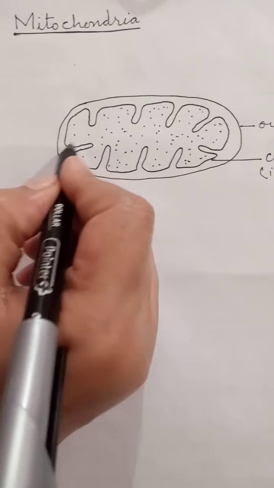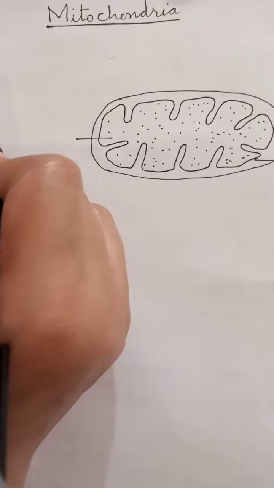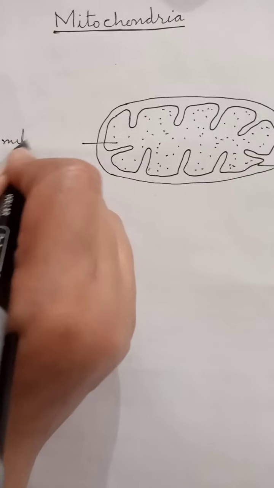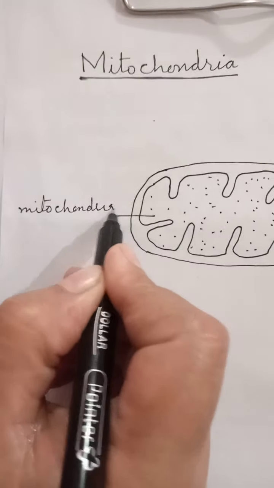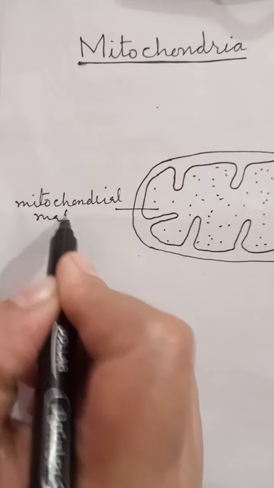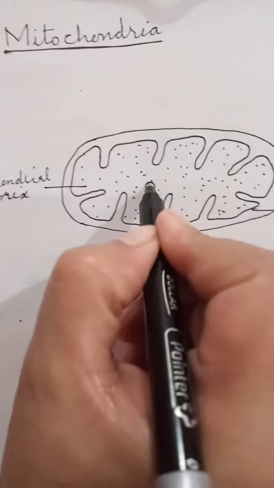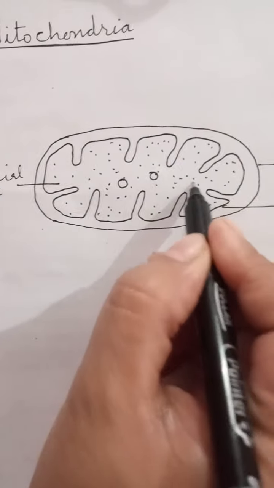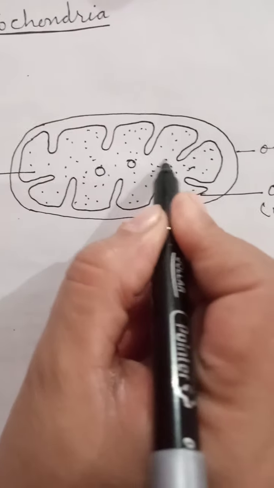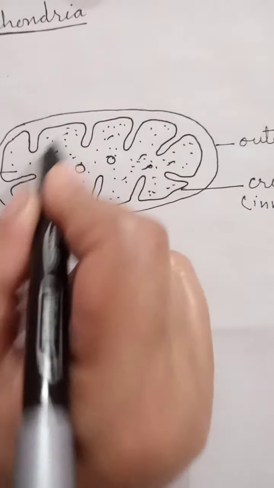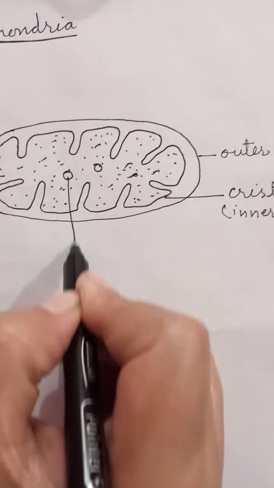Now this inner matrix which is present inside the inner membrane is called the mitochondrial matrix. This matrix has a circular DNA molecule, an RNA molecule, and also a number of enzymes in it.